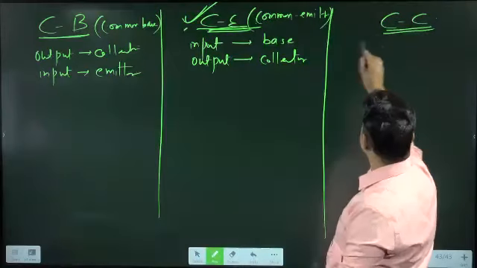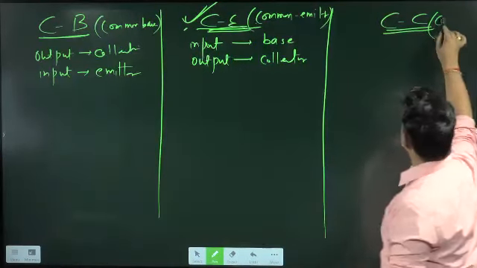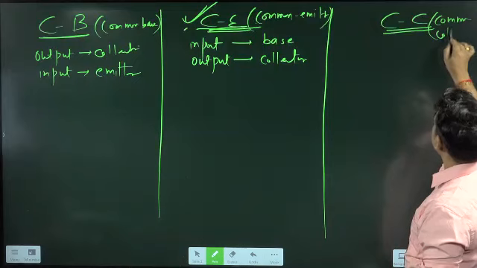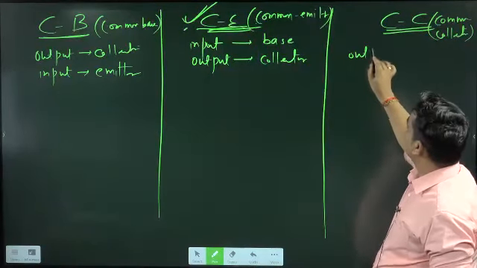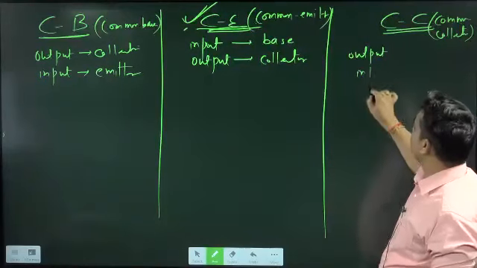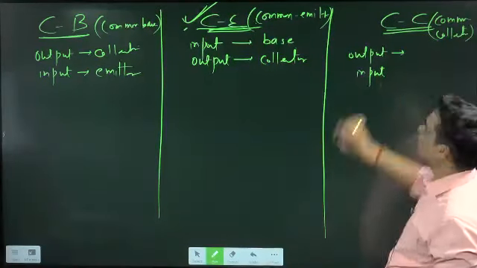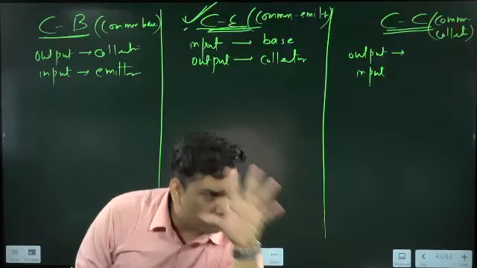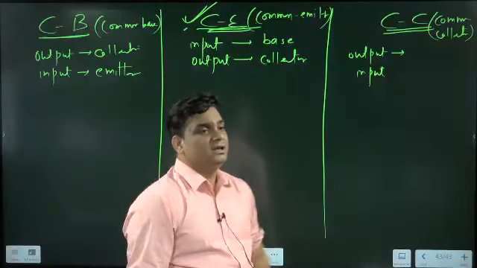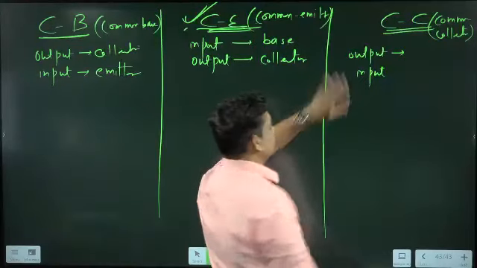In the common collector, the collector is common. We prefer output from the collector, but the collector is grounded, so it is not available. Since the collector is not available, first let's connect the input.